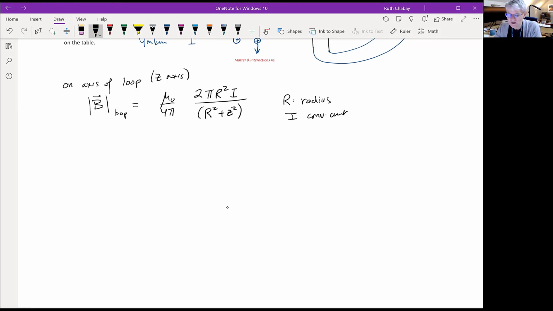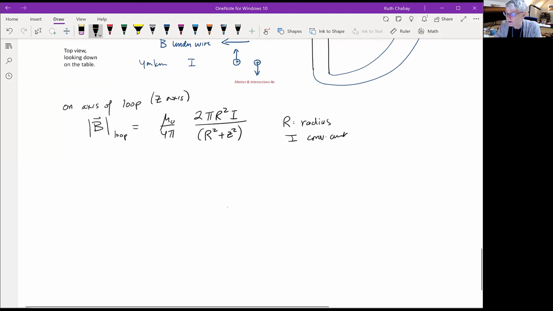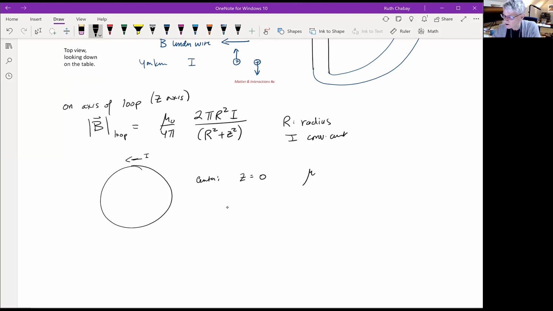And there are some special cases here. At the center of the loop, where current is flowing this way, z is 0. And so we actually get mu 0 over 4 pi, 2 pi I divided by the radius of the loop.